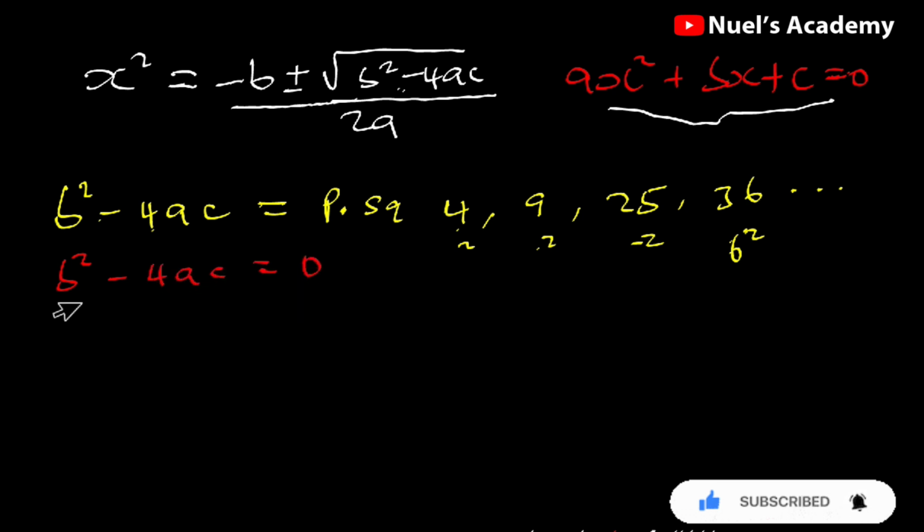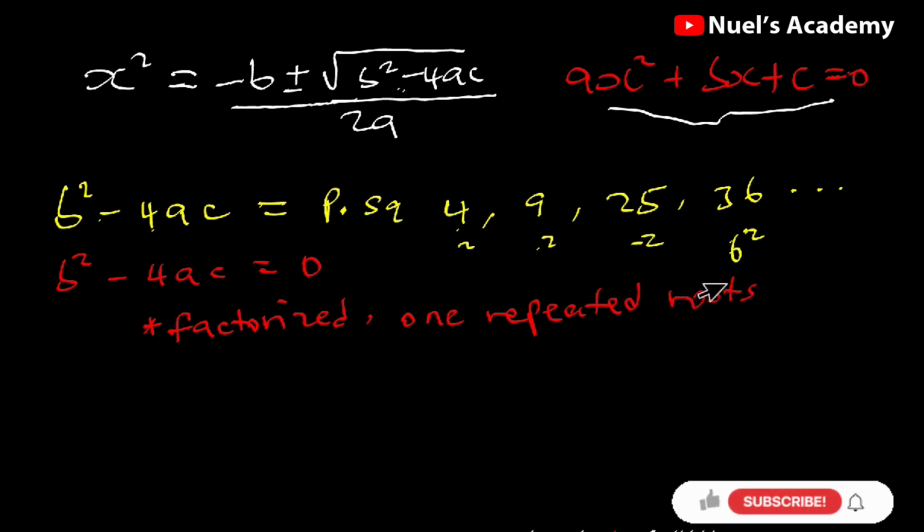If this discriminant is equal to 0, the equation can still be factorized, and it has 1 repeated root. An example of this is when you have x squared minus 4x plus 4 equal to 0. So let's go ahead and find the discriminant of this quadratic equation.